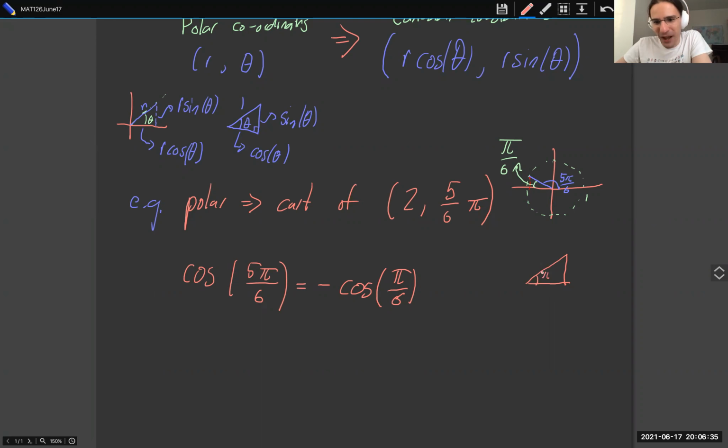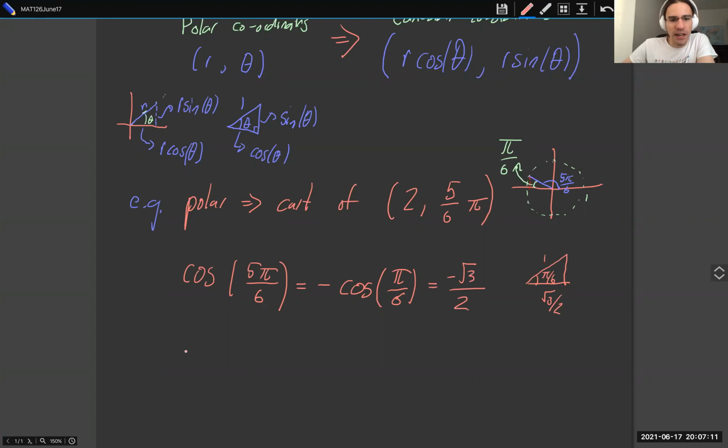So if we have pi over 6, then what is the cosine of pi over 6? Radical 3 over 2. Good. So cosine of 5 pi over 6 is minus root 3 over 2.